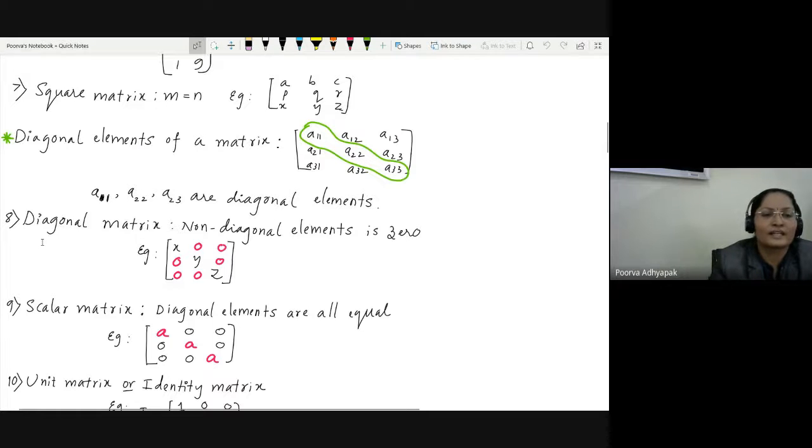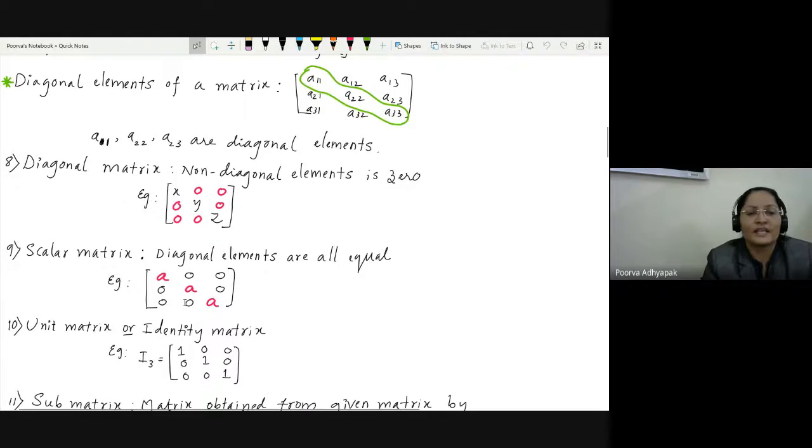The next one is diagonal matrix. A diagonal matrix is that matrix where only diagonal elements are other than 0, means not 0. See here with the different colors I have shown, the upper triangular and lower triangular elements are 0, whereas the only diagonal elements x, y, z, which I have written, are non-zero elements.